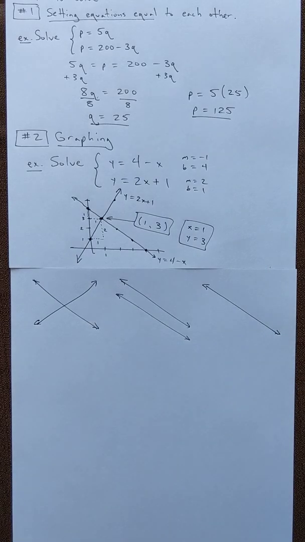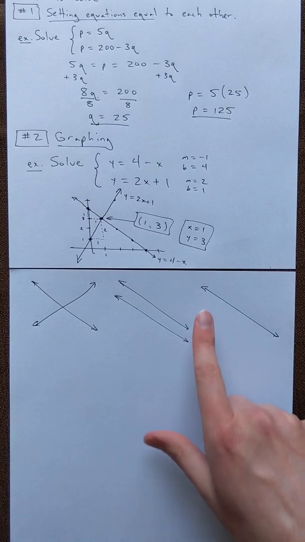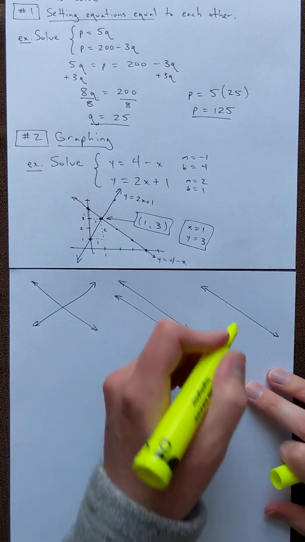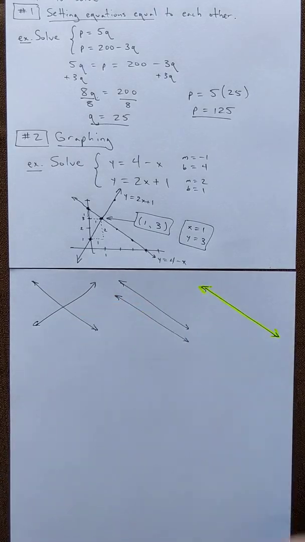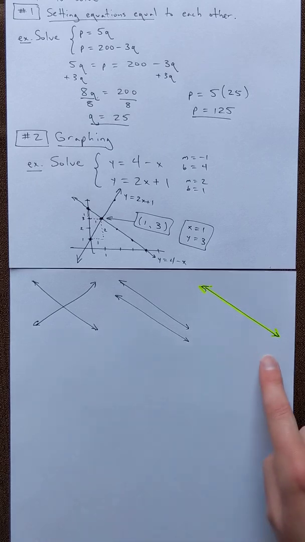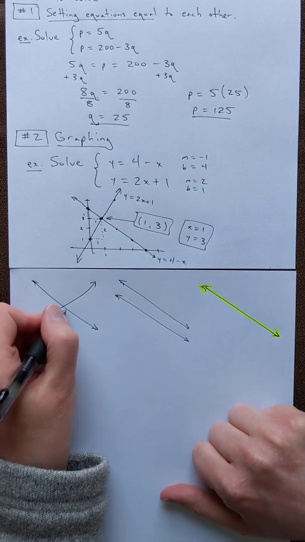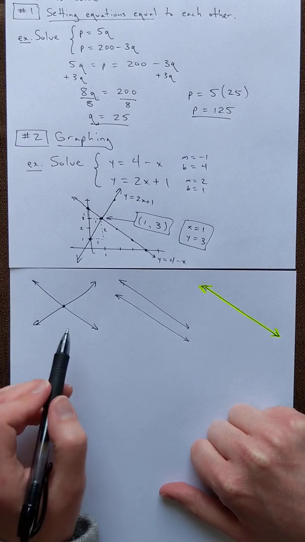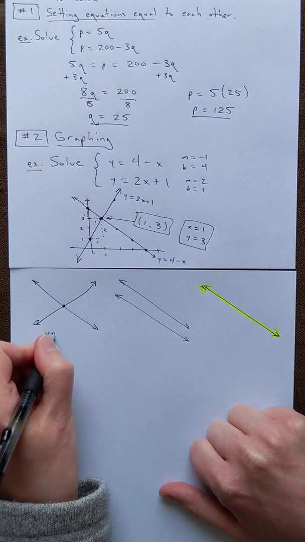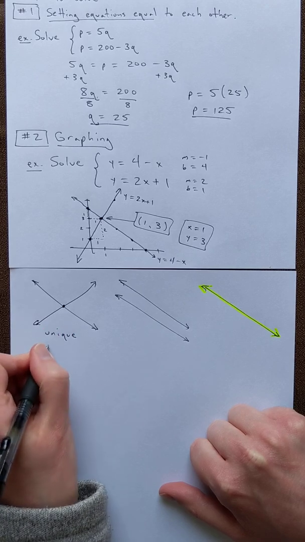Coincident lines means that they're actually the same line. So if my first line was this and my second line was this yellow one, then those are actually the same line. How many solutions are we going to have? How many places are they going to intersect? These lines are intersecting at one place, so that means we're going to have a unique solution.